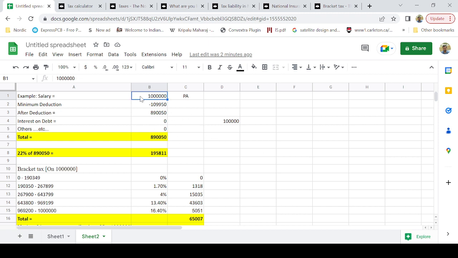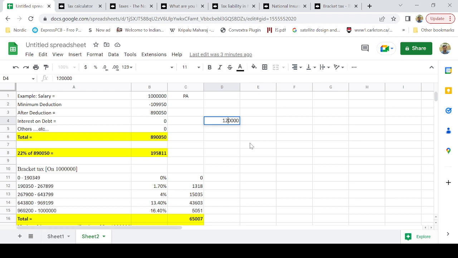Suppose for example, the first year you earn 1 million per annum. Next year, suppose your holiday pay is, just for example, let's make it 12%.